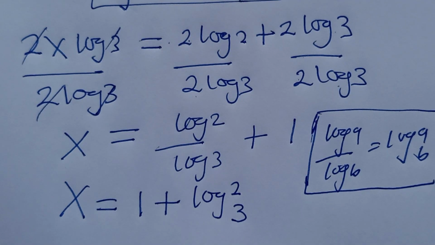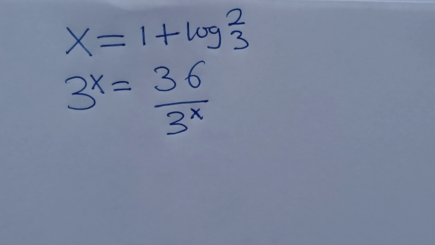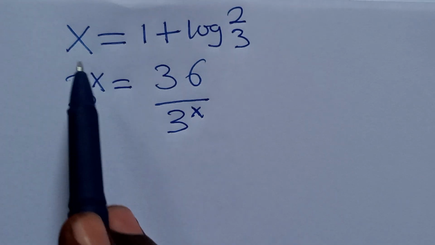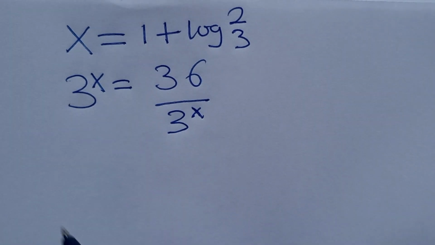So now let's see if we substitute this in the equation, if we will actually get our correct solution. Substituting this value of x in this equation, let's see if it will satisfy it.